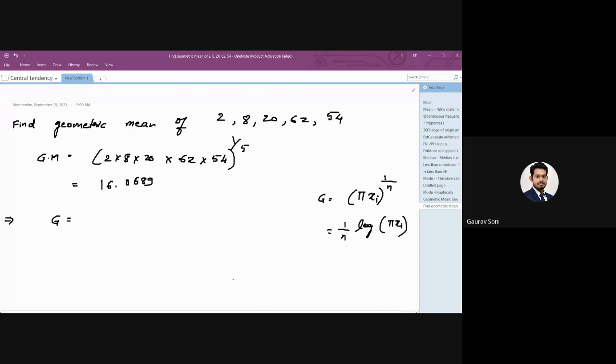What is log of a into b? Log A plus log B. So this I can write as 1 upon n summation of log xi. Sorry about this.